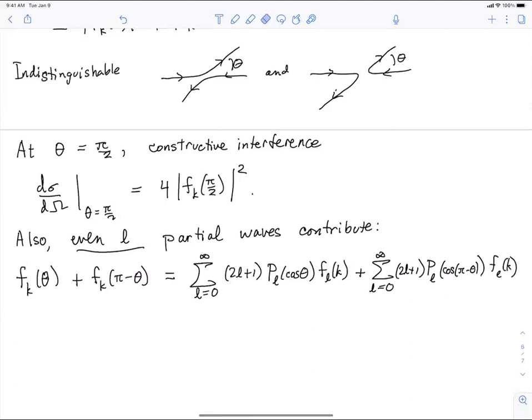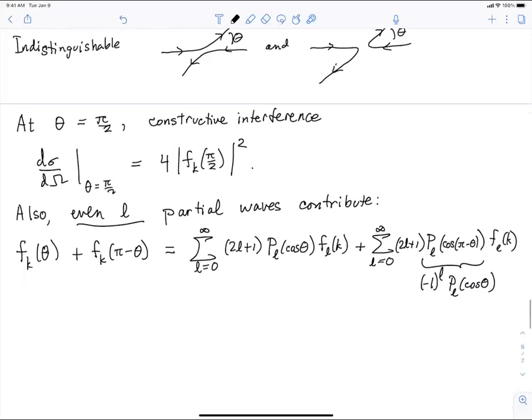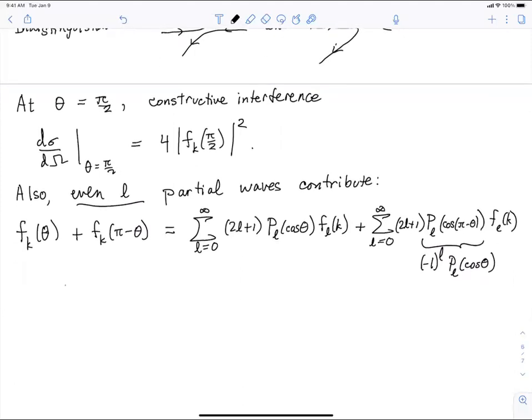But when you plug in for the Legendre polynomials at theta goes to pi minus theta, you just get a factor of minus 1 to the L. And so that means all the odd terms are going to go away and all the even terms are going to get twice as big.